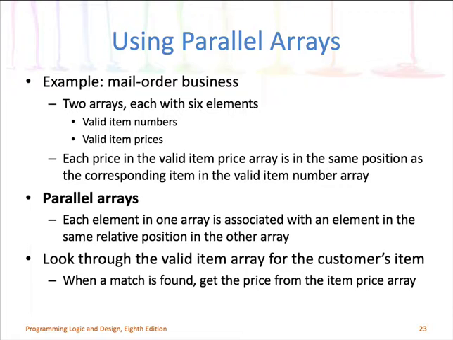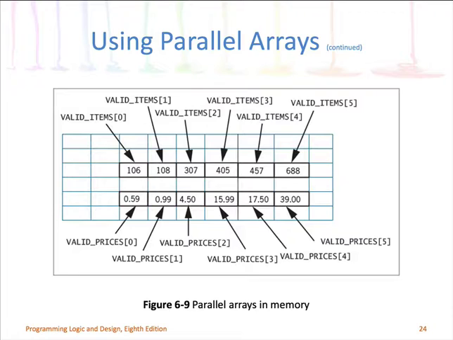So they have to match up in the same position. So what we would do in this case, going down to the bottom, is we would look through the array for the customer's item. Once we found the position of that item, we would then look at the corresponding position in the price array to know what the price was for that item or how much to charge the user.